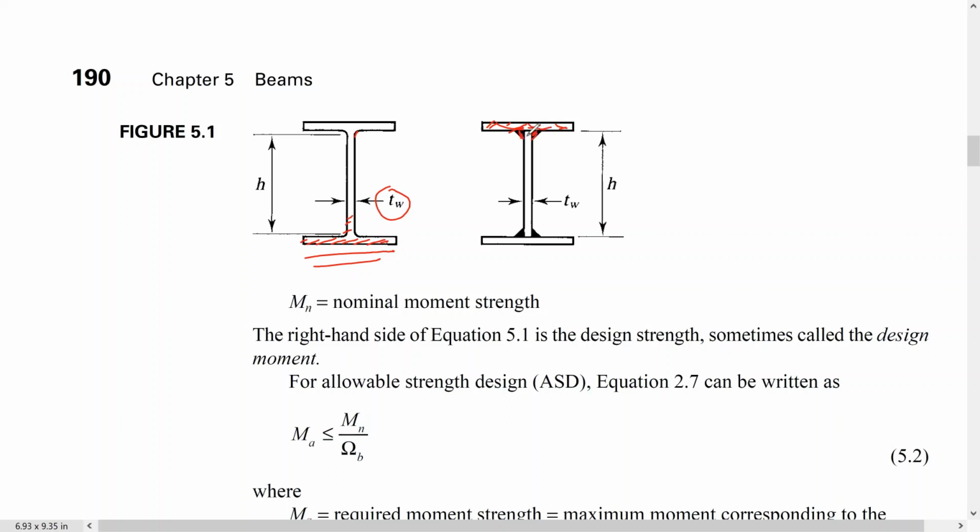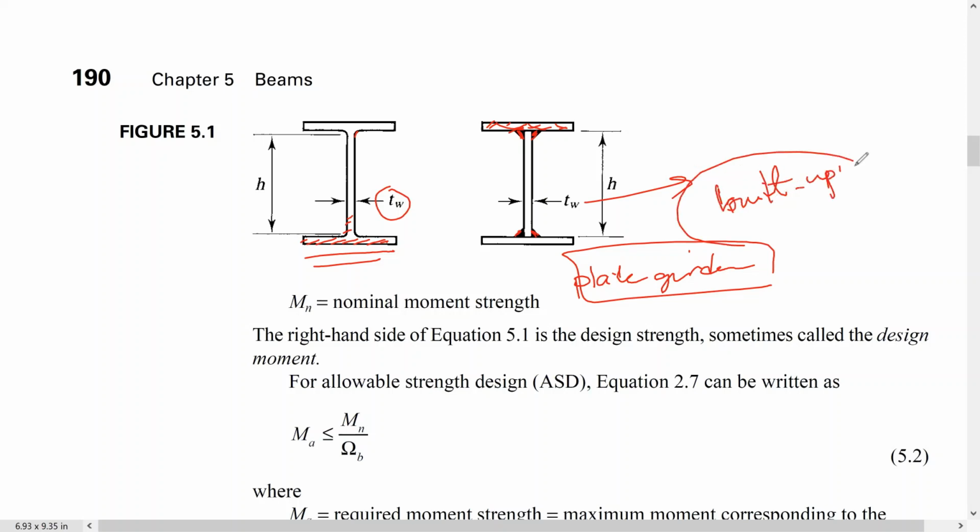If you look, this is the welding area, together to form what we call a plate girder, okay? This is a built up section, and beams might be either standard or hot rolled sections or a built up section, and this is what we call plate girders.